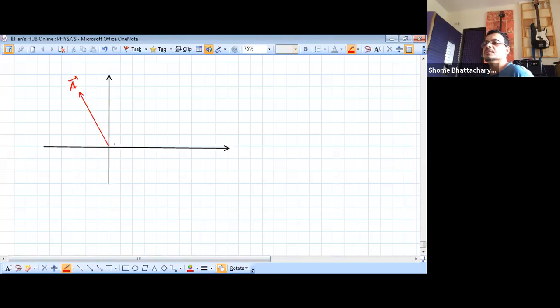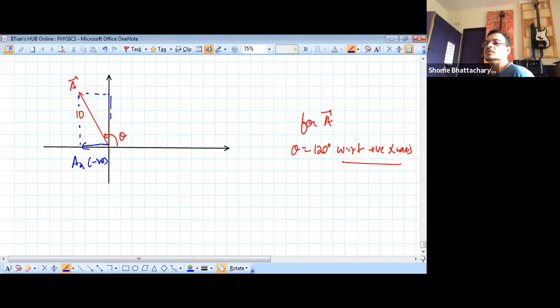So the angle it is making with the x-axis, for the vector A, theta is equal to 120 degrees with respect to the positive x-axis. And the magnitude of A is 10. So when you drop these perpendiculars, Ax will be a negative quantity, and Ay will be a positive quantity.